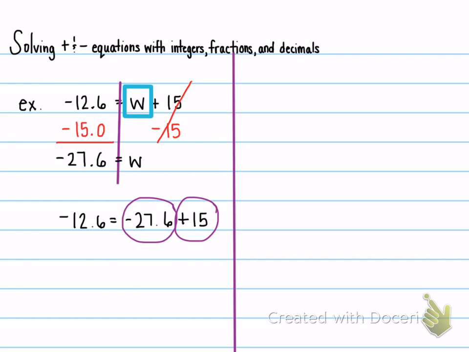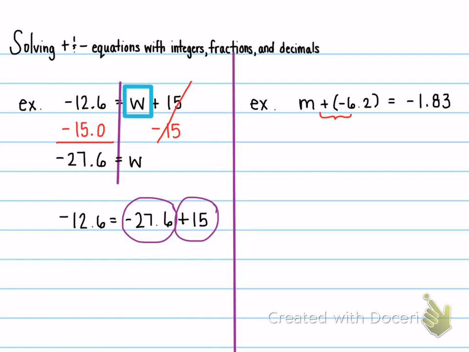Let's do another one with decimals. Let's say I have M plus negative 6.2 equals negative 1.83. Okay, so I'm hoping at this point you notice right away that you have a double sign in this problem.